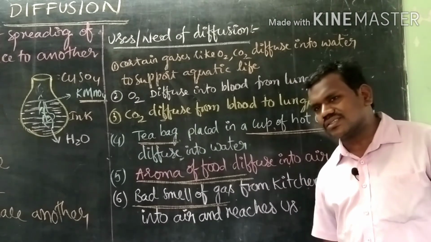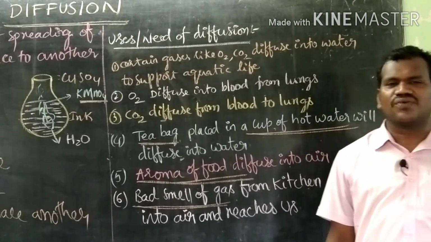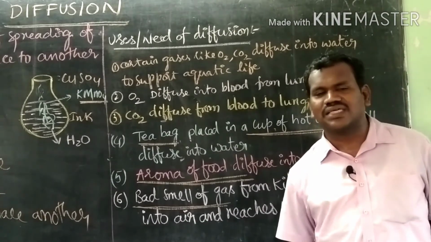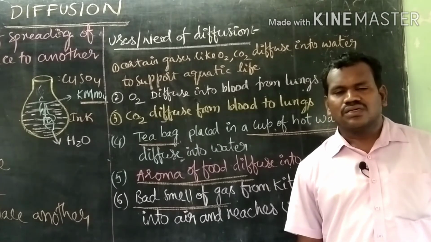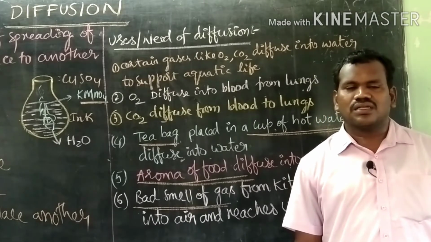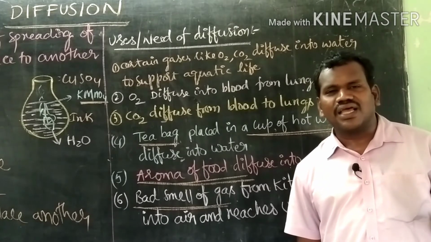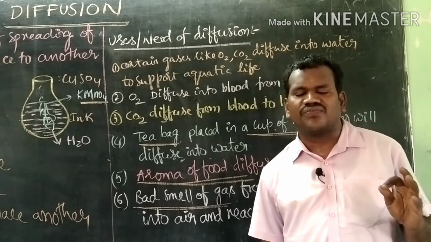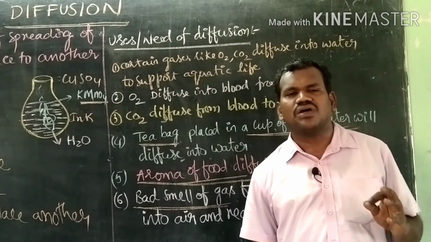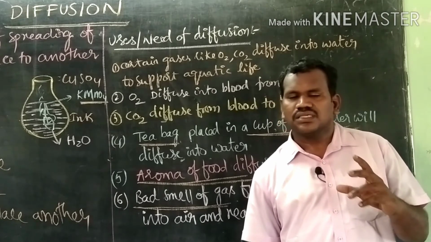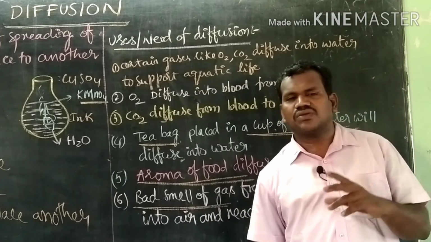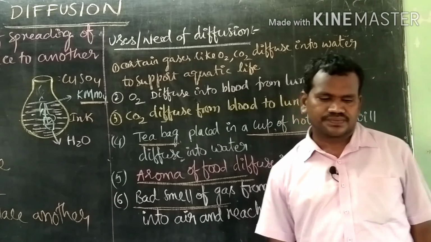Now, let us try to understand the process of diffusion in the case of gases with an activity. From that activity, what we are going to learn is that the rate of diffusion of a gas depends on its molecular weight. Let us see the activity and then we will come to the conclusion.